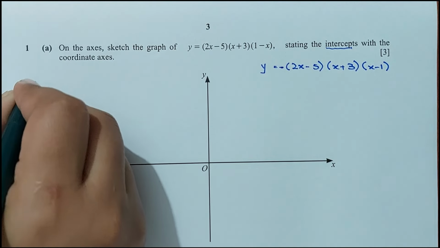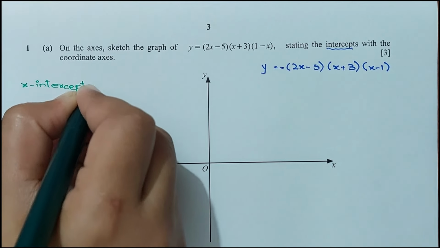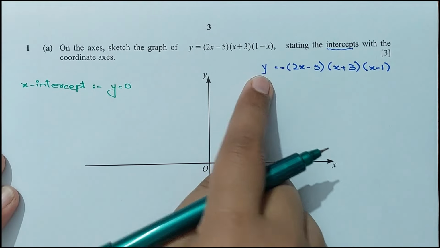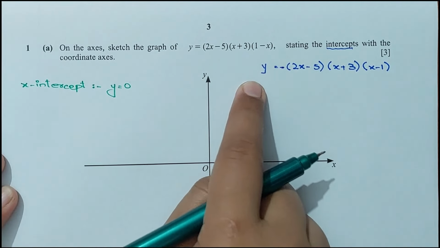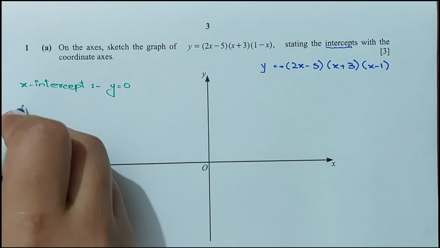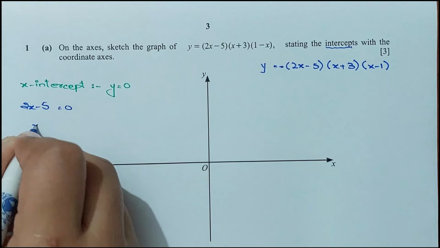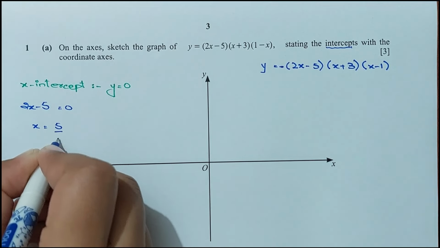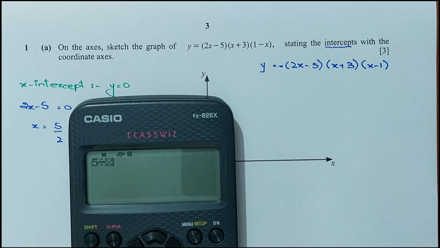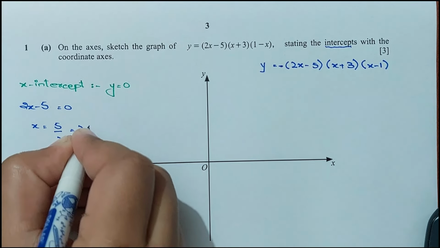So for the x-intercepts, we have to put the variable y equals 0 and solve for x. When y is 0, this whole term equals 0, and we have 3 x-intercepts. We can say 2x minus 5 equals 0, so x from here is 5 by 2, which in decimal is 2.5.